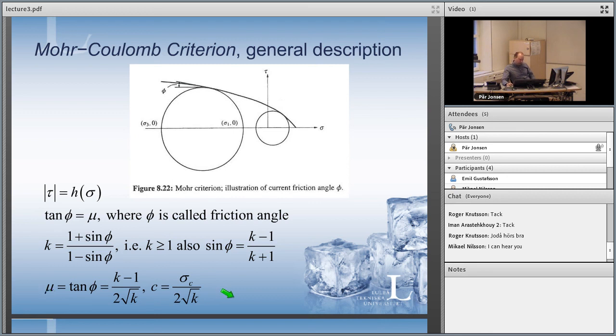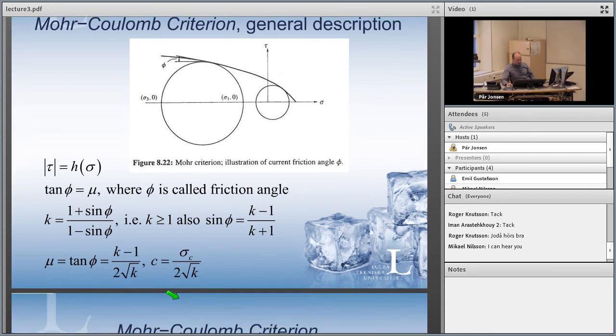If you have this tangent, you can write it with sin theta, which is K minus 1 divided by K plus 1. And here you have this friction coefficient. You have a connection with this tangent phi. You can write it like this. It's well described in the book also. Then you have a new parameter called C here, which is the one-dimensional compressive limit divided by 2 times the square root of K.